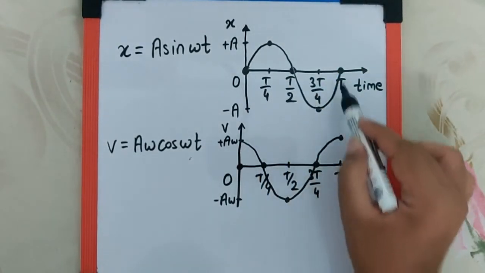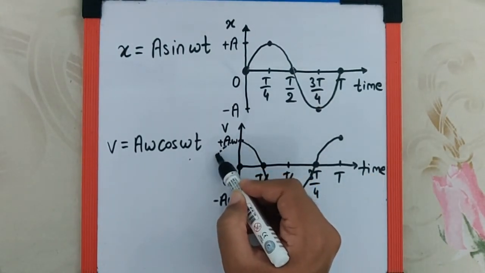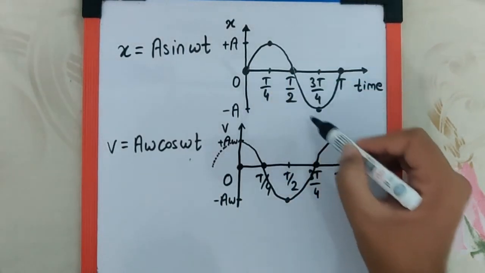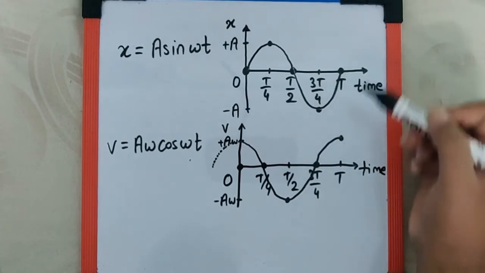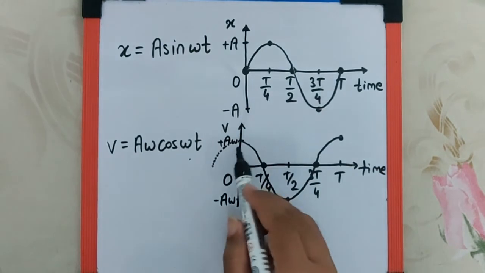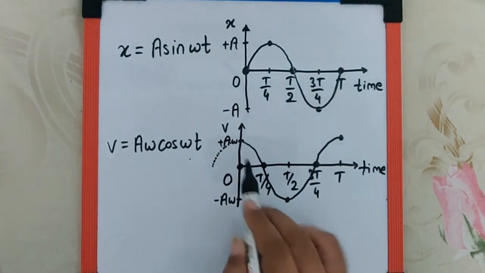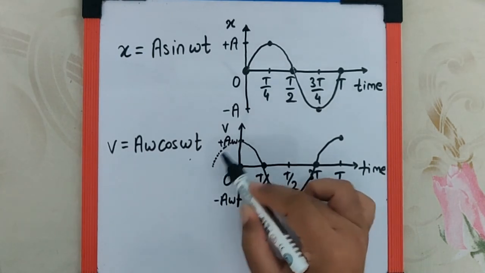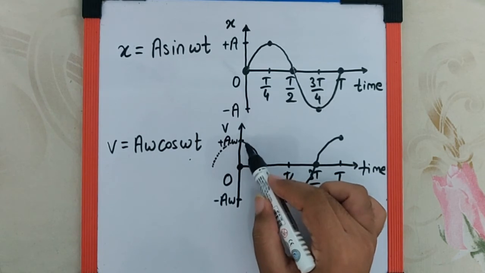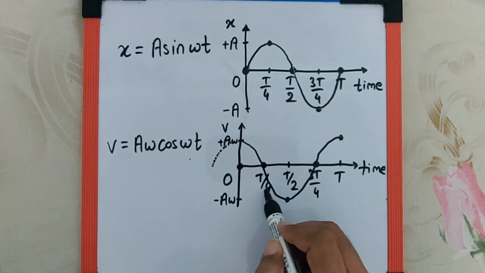Now if we actually compare both the equations or both the graphical forms, you will find that this graph and this graph is almost the same if we just extend this part over here. And if you check, this graph is exactly the same as this. The only thing is, it is already at the position of t by 4, that is the upper extreme, at t is equal to 0, which means this graph is leading by this time, and in this time the angle was covered, if you remember, was pi by 2, because at 0 it was 0 angle and t by 4 it was pi by 2.